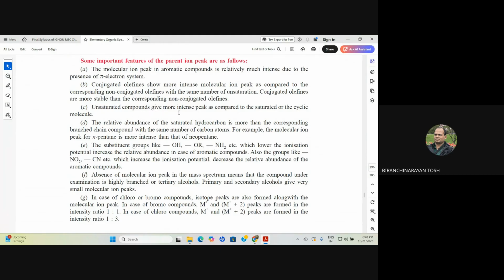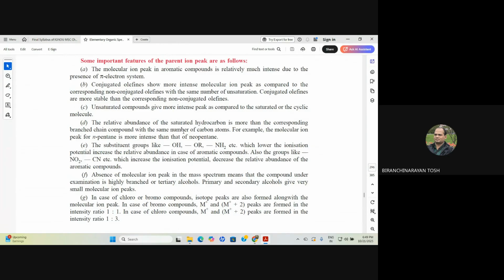Unsaturated compounds give a more intense peak as compared to saturated or cyclic ones because of the presence of pi electrons. The relative abundance of a saturated hydrocarbon is more than that of the corresponding branched chain compound with the same number of carbon atoms. For example, the molecular ion of n-pentane is more intense than that of neopentane.